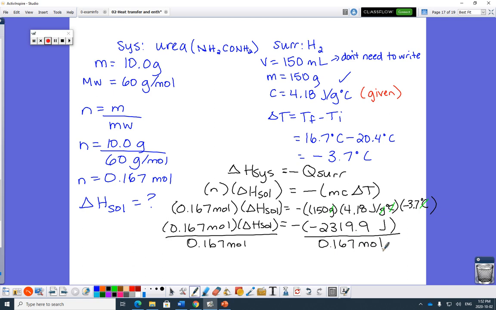And when we get our number, we're left with joules per mole. Is that what we want? Yes, it is. And then this negative cancels over here, so this is like negative, negative, which is positive.